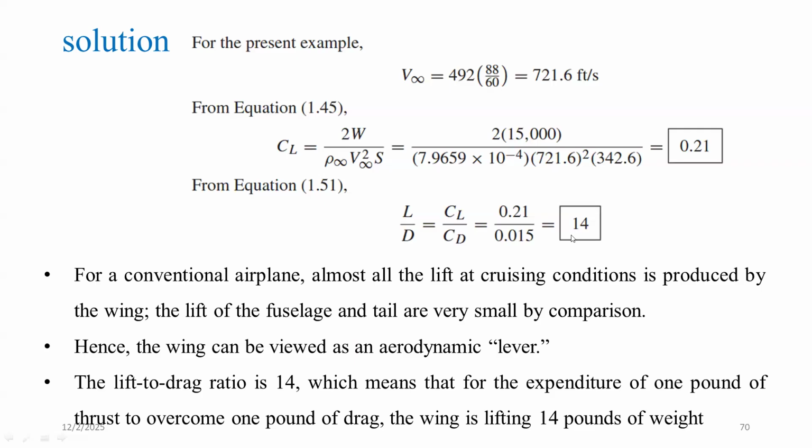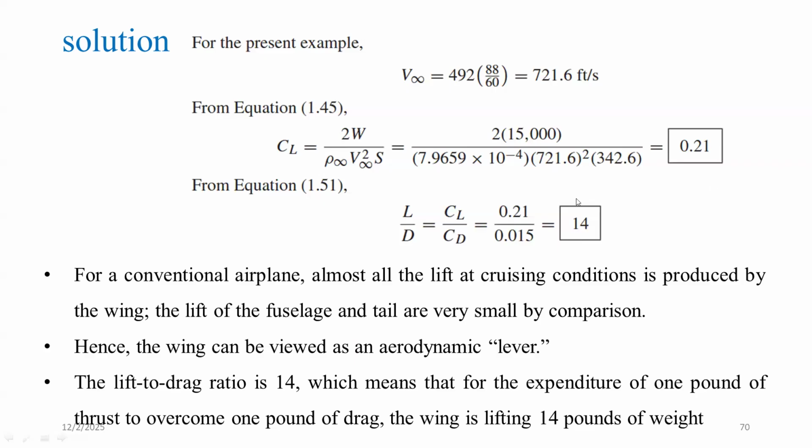For a conventional airplane, almost all the lift at cruising condition is produced by the wing. The fuselage and the tail section produce only a small amount of lift. However, for aircraft stability and control, we also consider the lift of the tail and the lift of the fuselage, in addition to the lift of the wing.